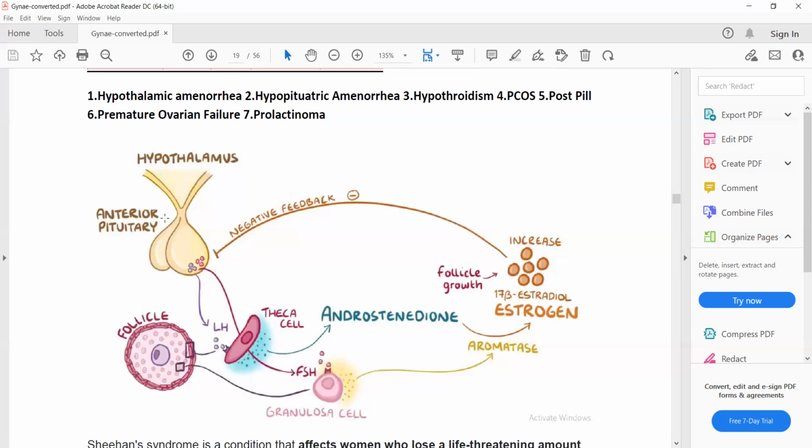In pituitary or hypothalamus problem, FSH and LH will be low. So if FSH and LH are low, then we'll suspect either a pituitary problem or a hypothalamus problem. And if LH and FSH are high, we'll suspect an ovarian problem such as polycystic ovarian syndrome or premature ovarian failure.